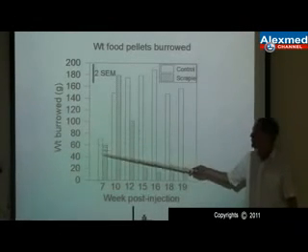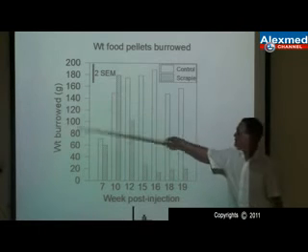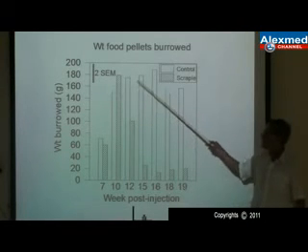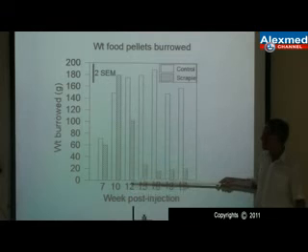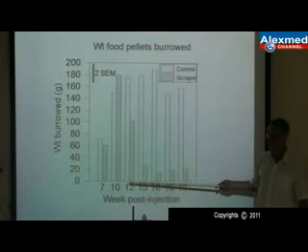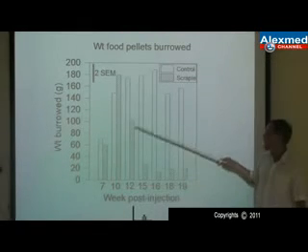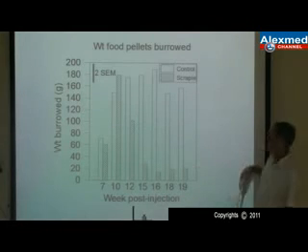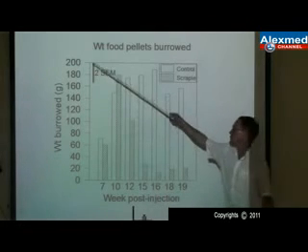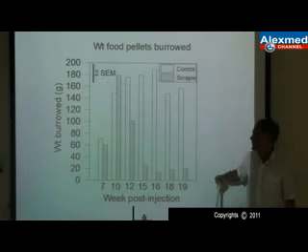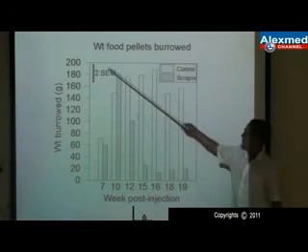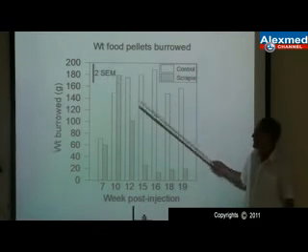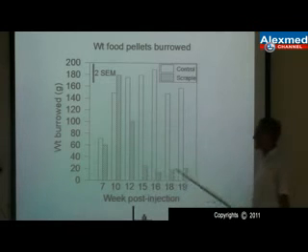The burrowing with practice gets better, so they burrow more food, but the scrapie starts to bite around 10 to 12 weeks and dramatically inhibits burrowing. That's 2 standard errors of the mean. If these bars differ by this amount, that is significant. As you can see, it's highly significant.